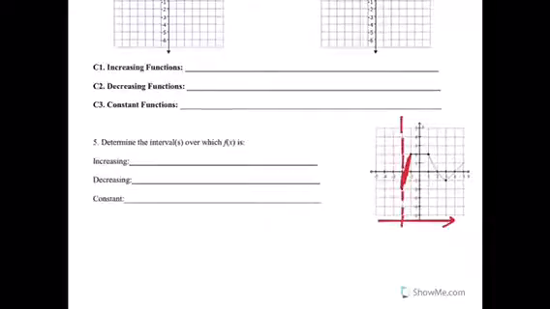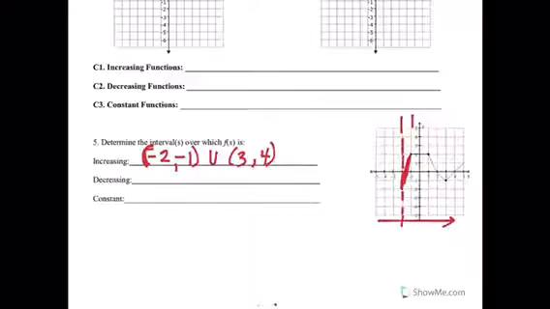So that's x is going to be from -2, and then here's where it stops increasing, right here, to -1. And then it increases again over here from 3, oops, let's write these with open brackets. -2 to -1 and 3 to 4.